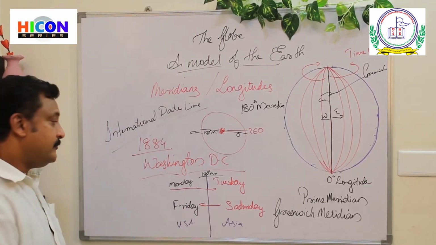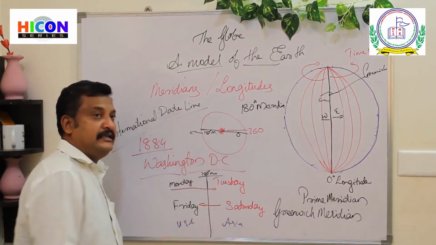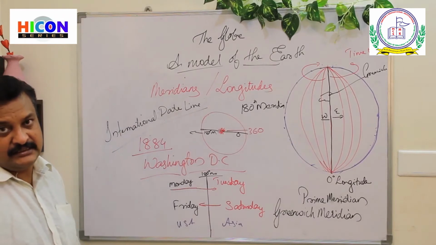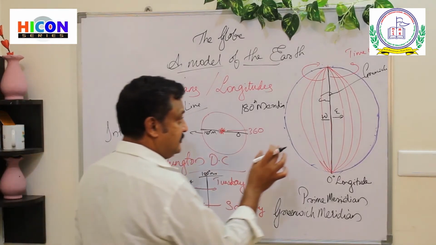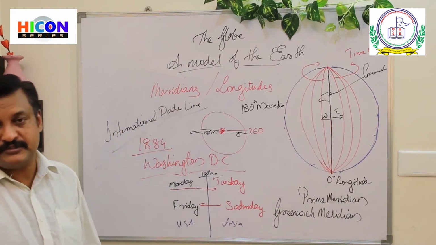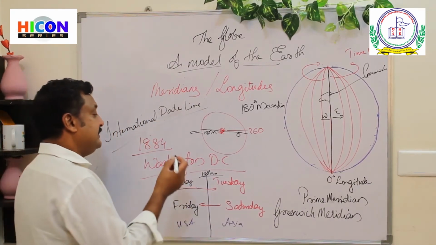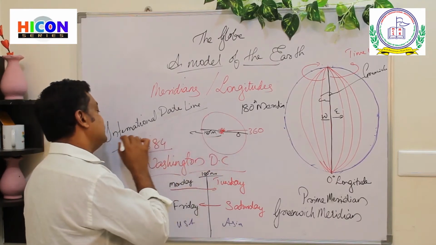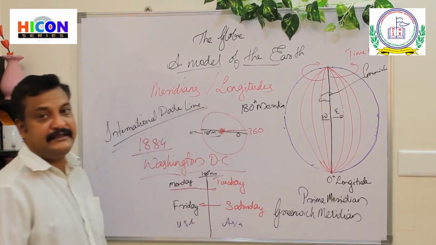Okay, so the international dateline is adjusted in such a way that the entire time zones will not get collapsed. Okay, so the 180 degree meridian is known as the international date line.